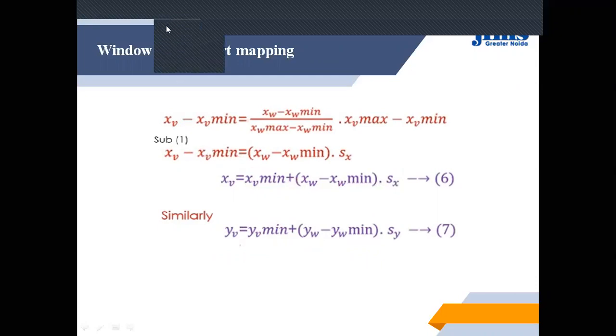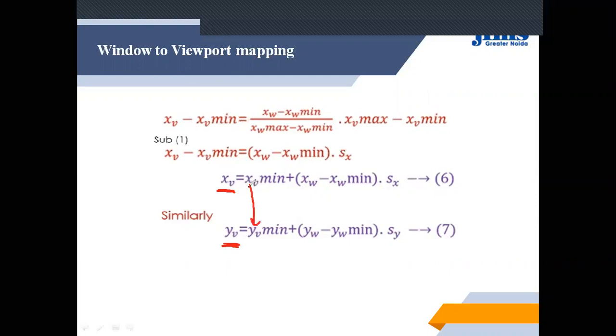So by using this, we can find out the value of xv.